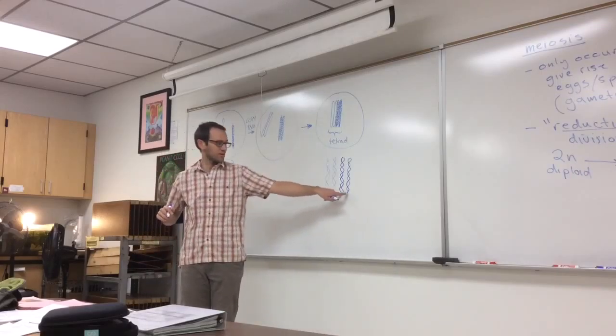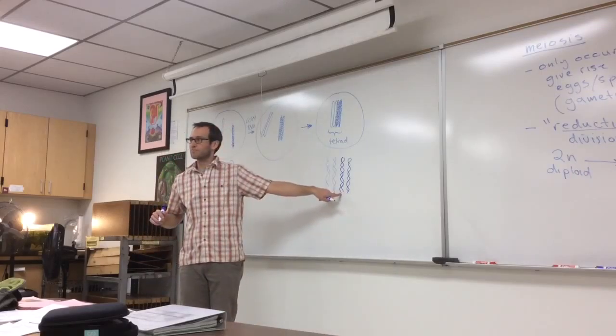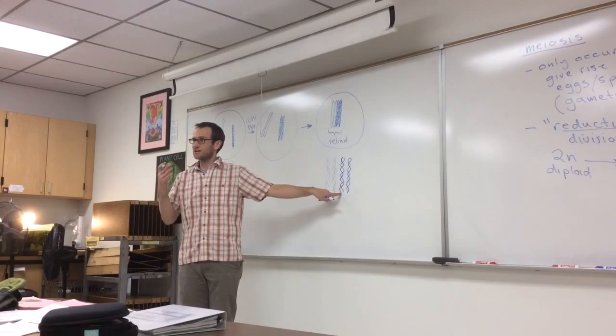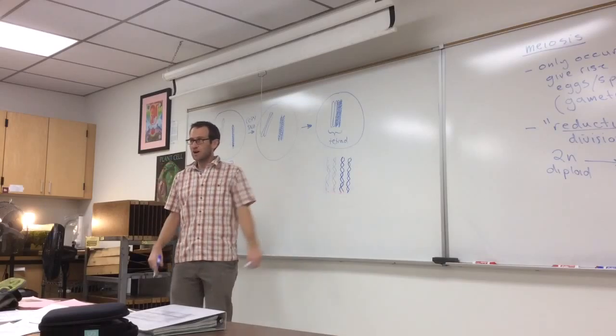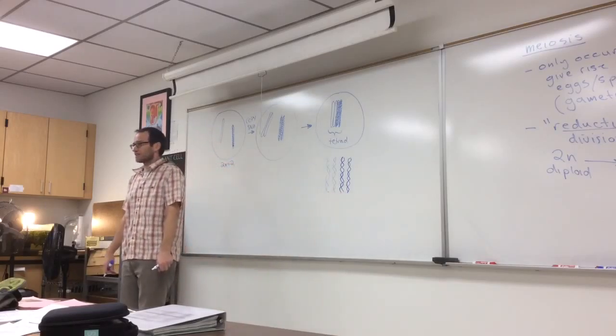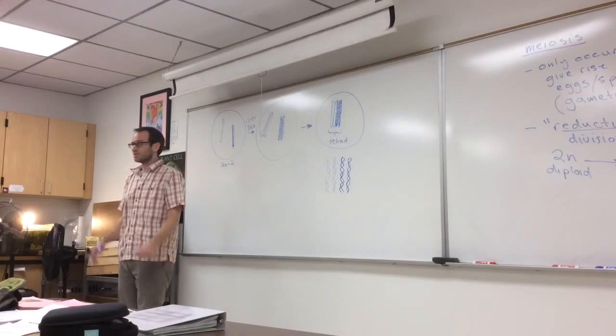These are identical, these are identical, these are homologous. So if you really looked at it like it really looks, they're not lined up next to each other like little sticks. They're all sort of intertwined around each other.